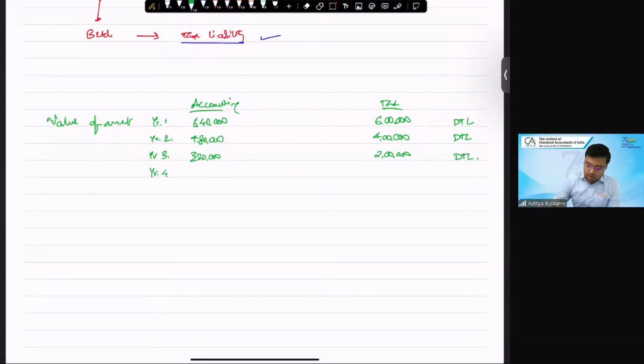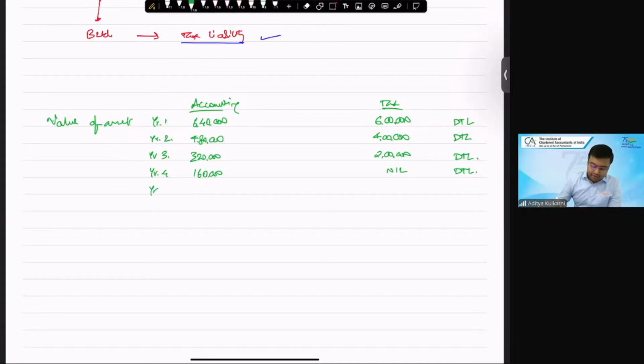Year 4, 3,20,000 falls down to 1,60,000, and the tax value becomes 0. You still have an asset and you are using it to generate income, but for income tax purposes this asset is now fully depreciated, so nothing is allowable in the future. So this becomes a DTL.